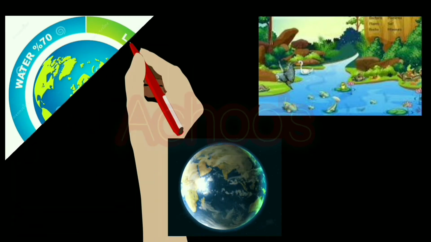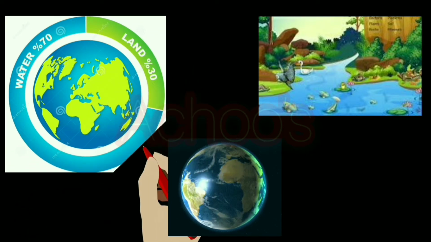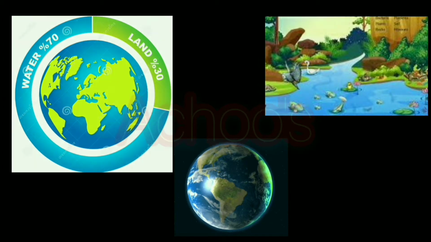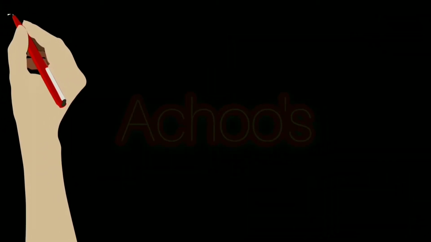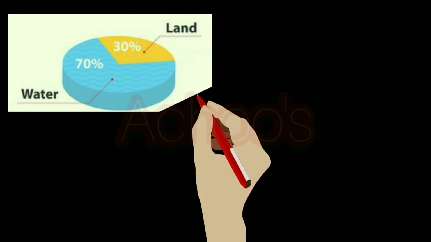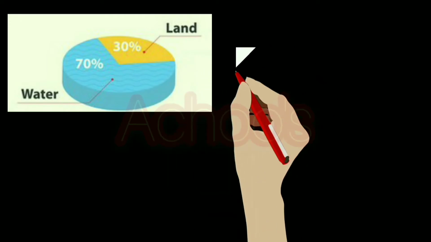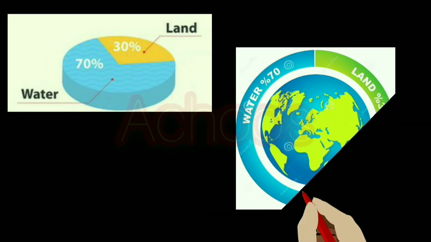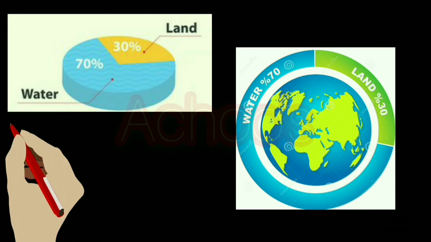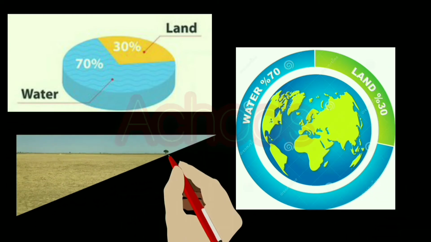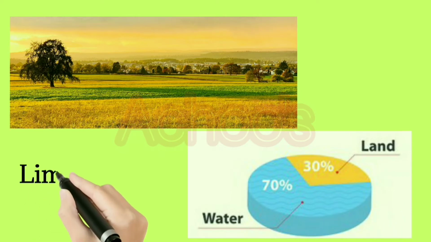So the major part of our earth is covered with water, that is about 70% of the earth, and remaining 30% of the earth is covered with the land. So the availability of land on the earth is only 30%. So only 30% means the availability of the land is very limited and fixed.